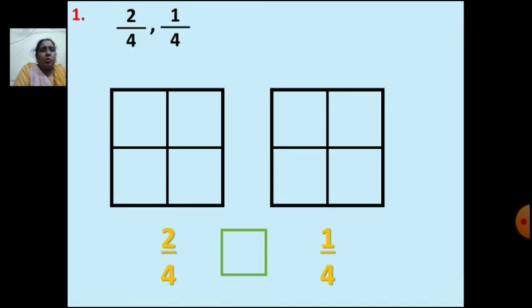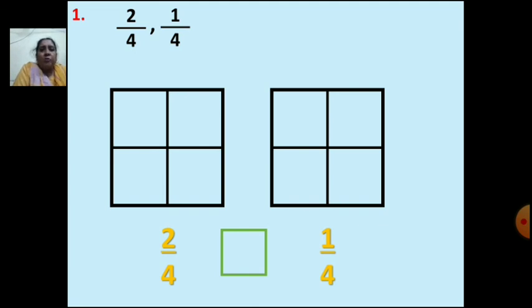Now see the first question. Here you can see 2 upon 4 and 1 upon 4. These two fractions are given. Right? And for both the fractions, figures are drawn. You can see a square is divided into 4 parts. Now what you have to do, first you have to color the portion which is given.